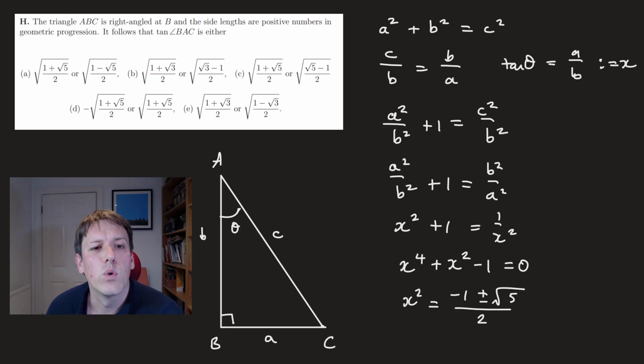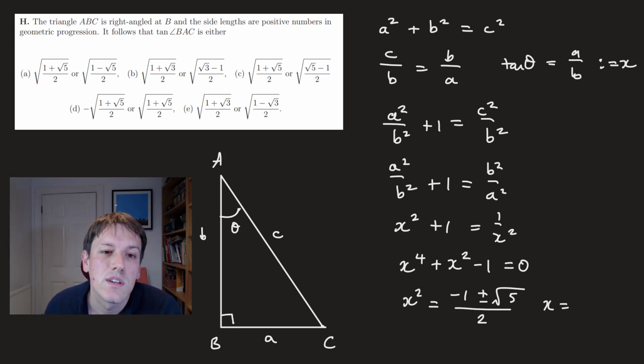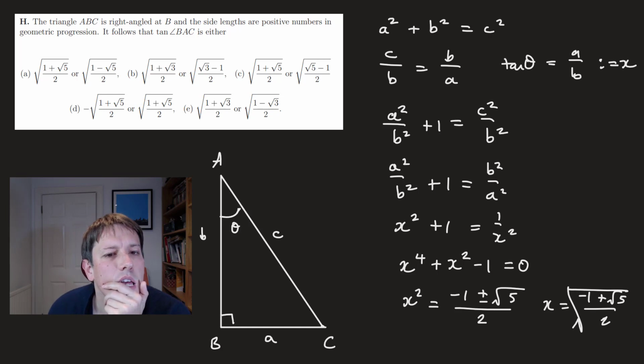So now minus 1 minus root 5 is going to be negative, so if I'm going to take the square root here, I'm going to have to just take the positive one, which is minus 1 plus root 5 over 2, and then take its square root. Okay, and I can do that.